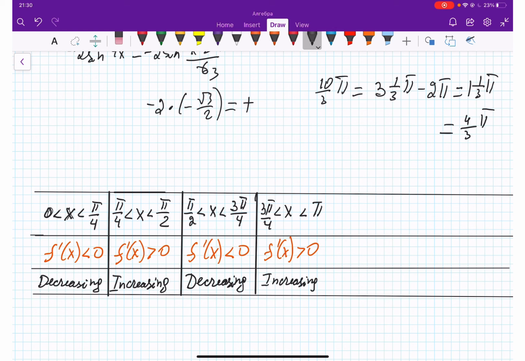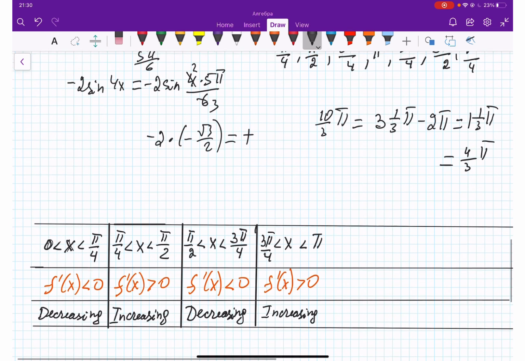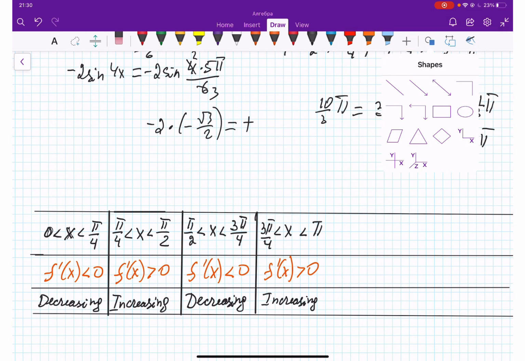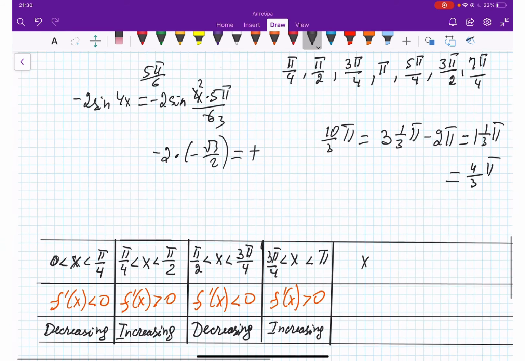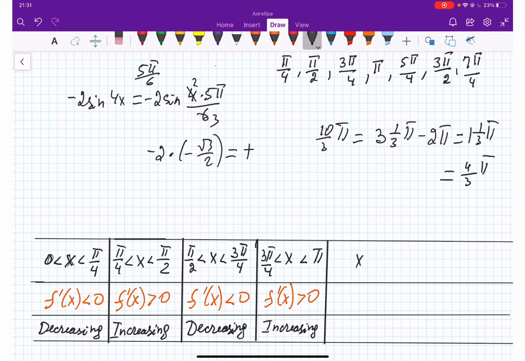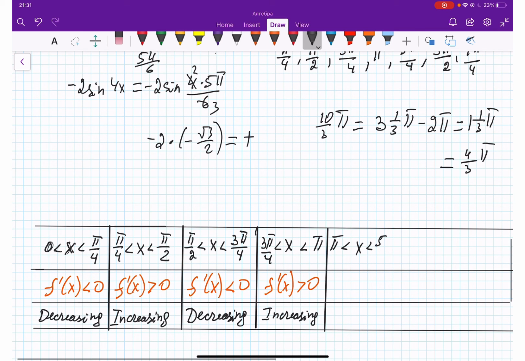Okay, I solved 4 intervals step by step. The rest I'm just going to fill out. You can continue practicing on your own. So what do we have now? We have x greater than pi and less than 5 pi over 4. And here the function graph is decreasing.